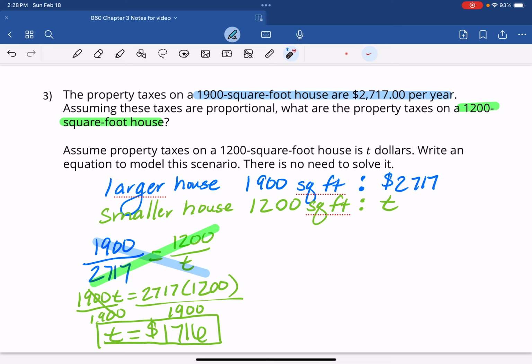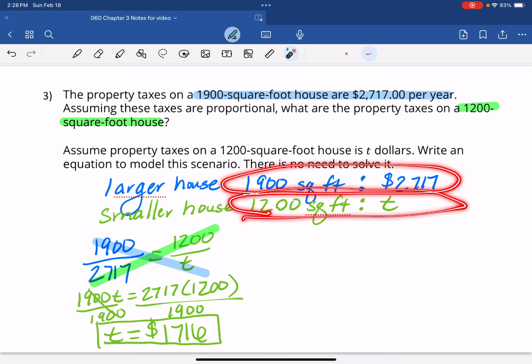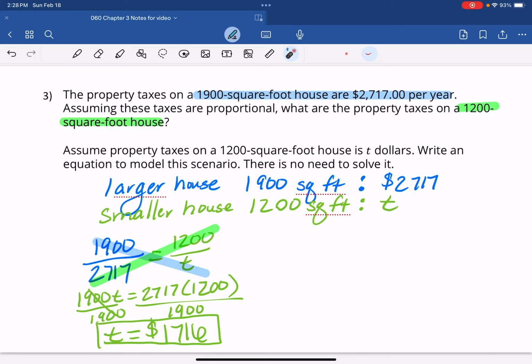Now, there is a second way to write the proportion. This first one, we use the ratios of the larger house versus the smaller house. However, some people may see a different ratio here, and there is a second ratio in which you could write.